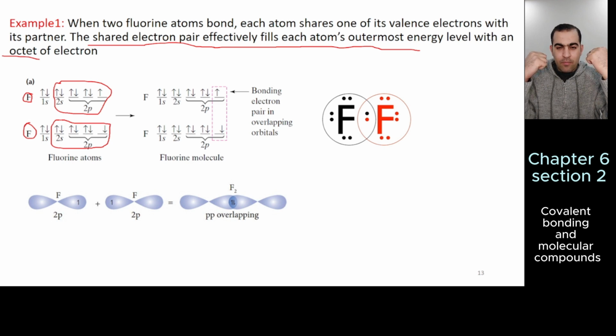Both want electrons, they want to gain. At this time, when both like to gain electrons, they're going to share. Both have a high ability to attract electrons. They're going to share their valence electron. By sharing 1 electron, both are going to have 8 valence electrons.